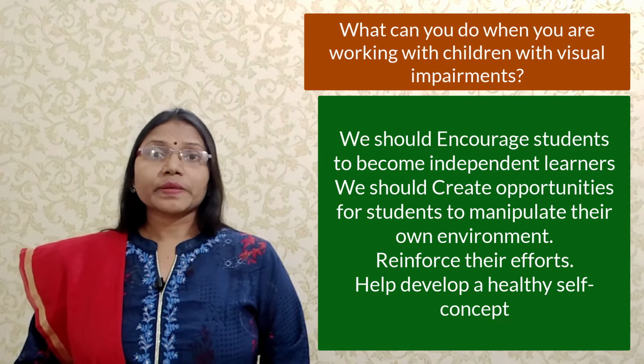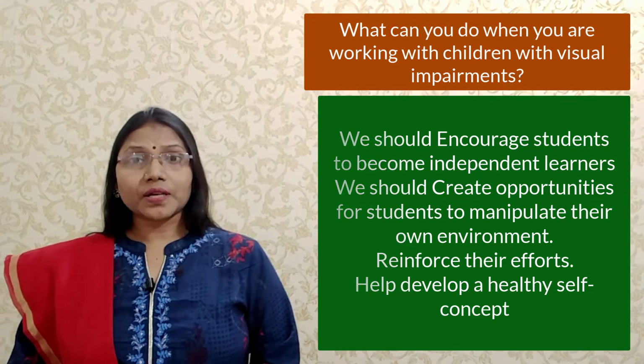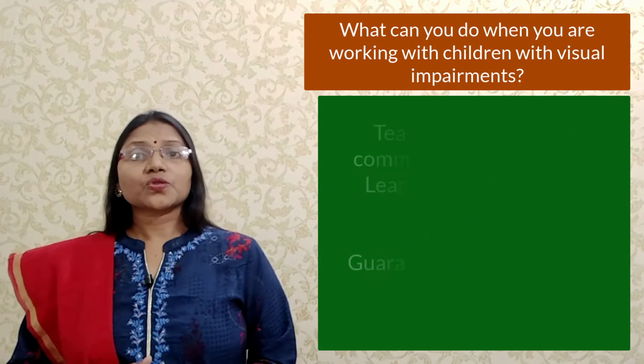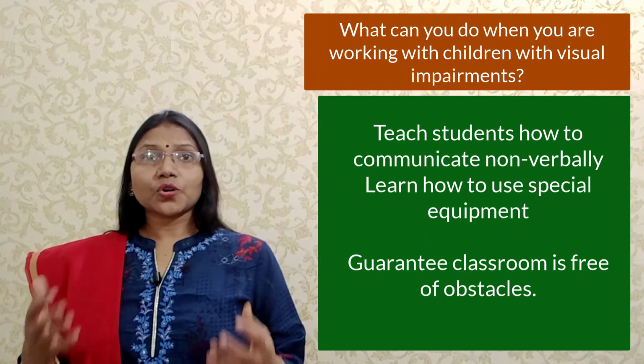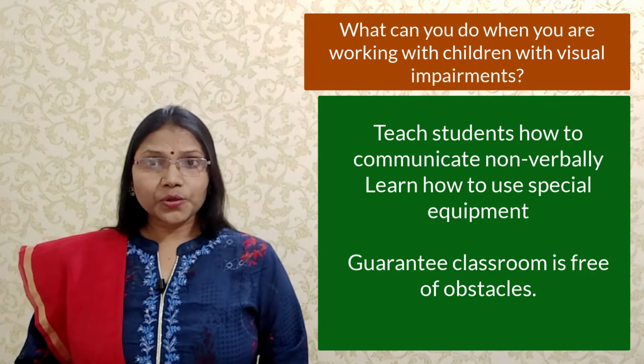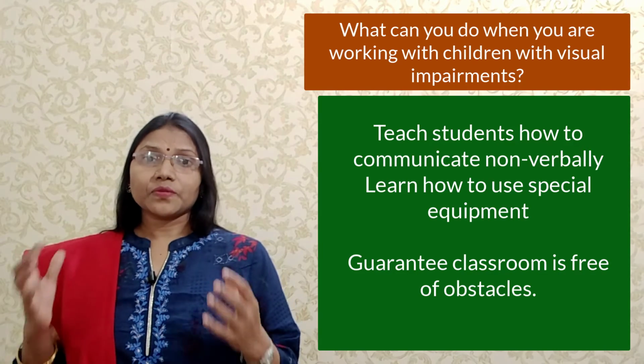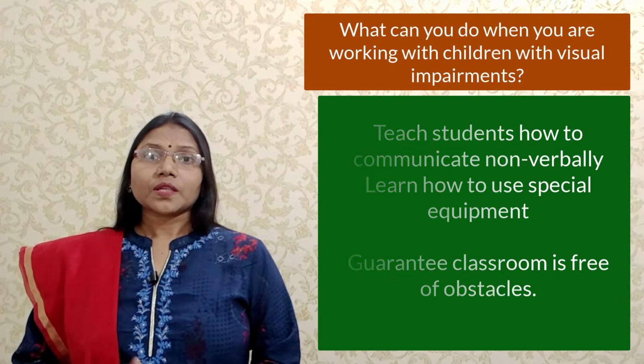We should reinforce their efforts and help develop a healthy self-concept. Teach students how to communicate non-verbally. Learn how to use special equipment. Guarantee the classroom is free of obstacles.